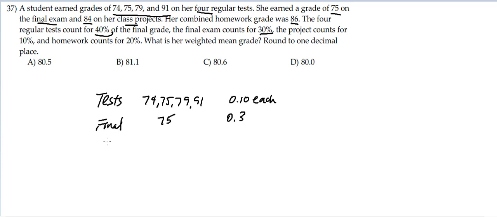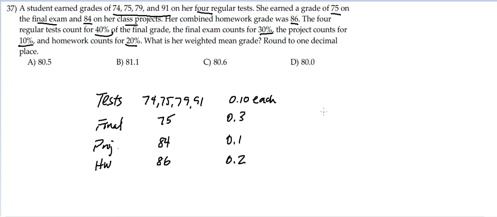And then we have the class projects. The project was 84, and the project counted 10%. And then the last thing was the homework grade. So the homework grade was 86, and the homework counts 20%. All right, so we have everything we need here.